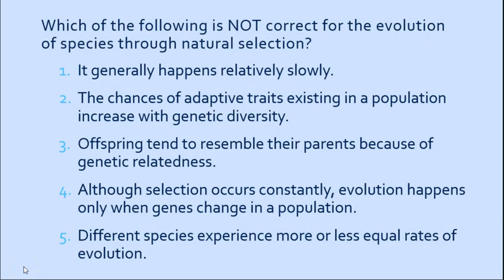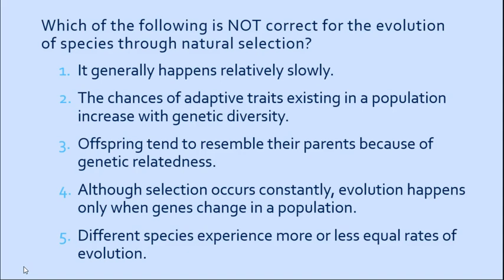So, which of the following is not correct for the evolution of species through natural selection? Well, although you have occasionally a trait that will pop up, you have this punctuated kind of equilibrium, the majority of evolution happens very slowly. Natural selection is generation after generation, small changes, and then over time those lead to bigger changes, okay?